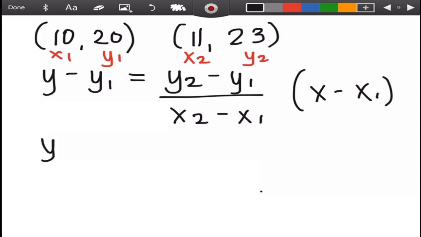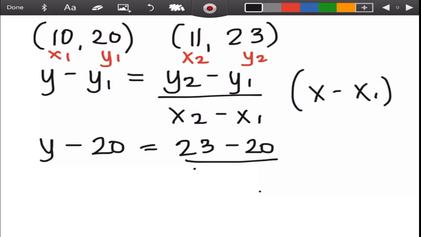So we have y minus y sub 1, which is 20, equals y sub 2, which is 23, minus y sub 1, which is 20, over x sub 2, which is 11, minus x sub 1, which is 10, times the quantity x minus x sub 1, which is 10.